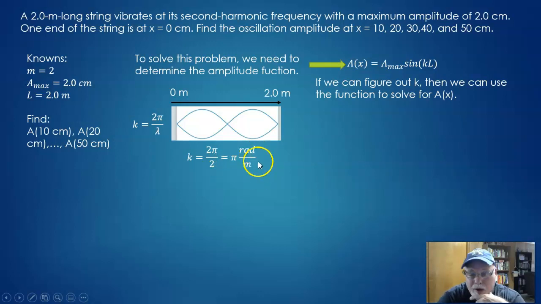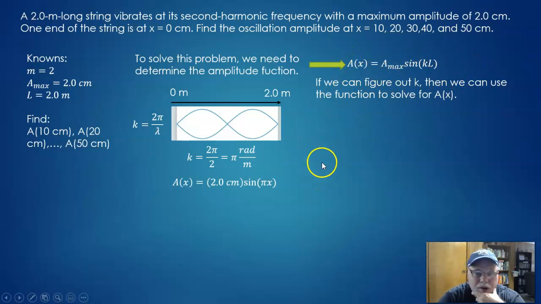Okay, now be aware, we're working in meters here. That's a meter, and that's going to play into our equation up here, right? So let's take a look at this. A of x is going to equal 2 centimeters times the sine of pi x. That's what our amplitude function becomes.